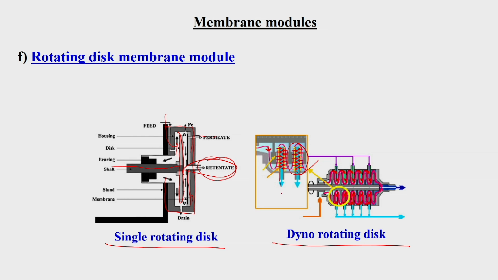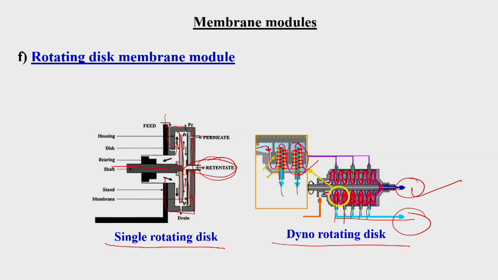Whatever permeate we collect from so many rotating disc systems, we collect through one common header, and the retentate from the consecutive steps will be collected in a common header, then from one common outlet.